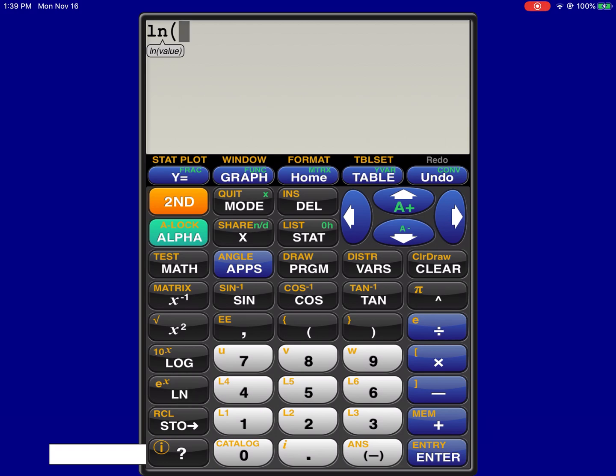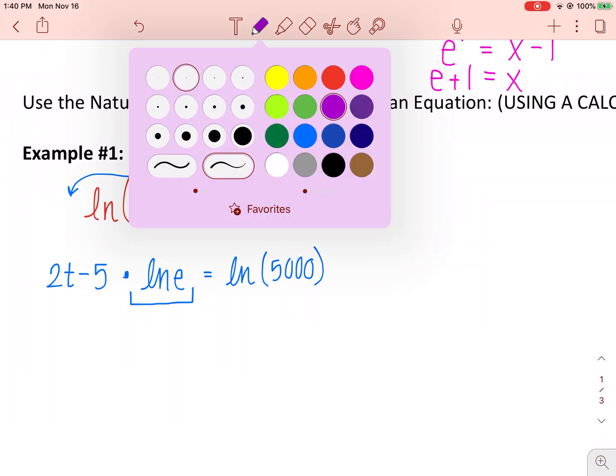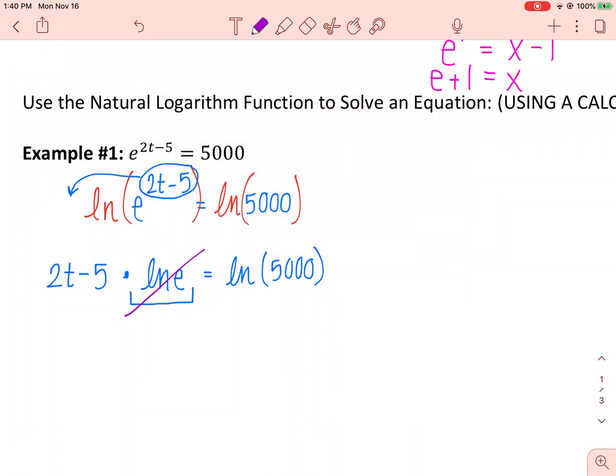E is found by pressing the second key, and mine is right above the division symbol. I'm going to close that parenthesis. If ln undoes e, I should get 1. Voila. So that's why I chose to use the natural log of both sides, because now this goes away. It's just 1.